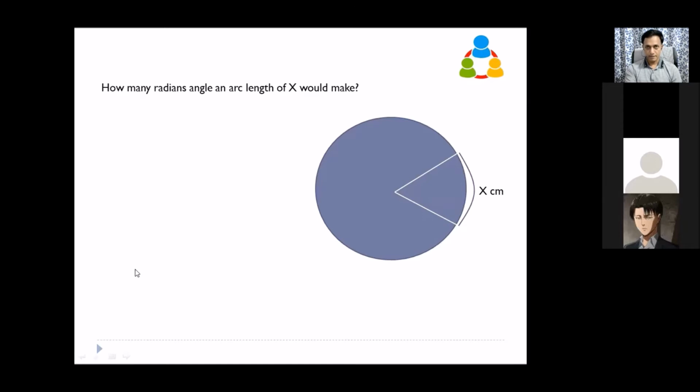Okay. So 360 by 2 pi is 1 radian, right? Is x that? X is 1 radian? How do you know? You don't know the length. It is 1 radian if this is equal to 1 radius. You don't know whether x is equal to r. X is unknown.